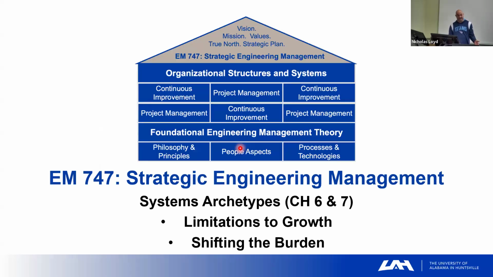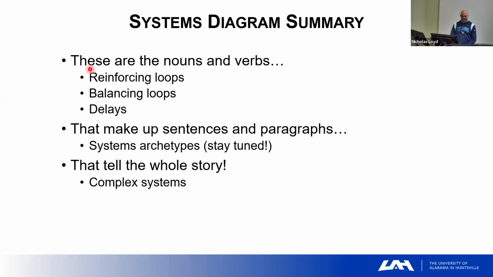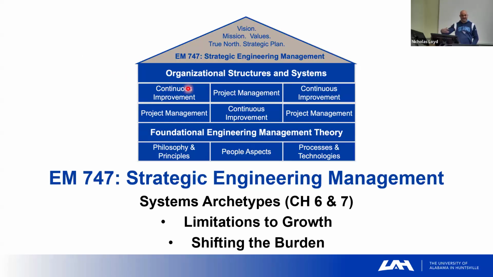So in chapters 6 and 7, and then expanding upon that, there's an appendix of systems archetypes. Systems archetypes are interactions of some mix of those 3 words, nouns, and verbs: reinforcing loops, balancing loops, or delays, interactions of those 3 to form different types of sentences or archetypes that you may notice happen naturally in nature.